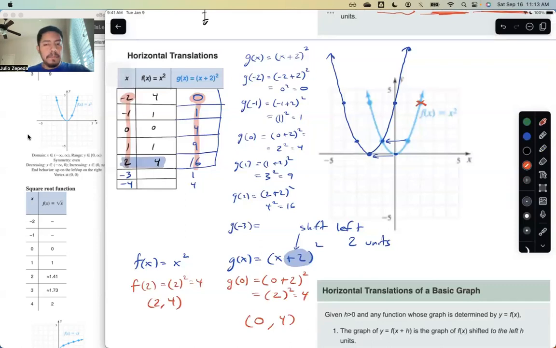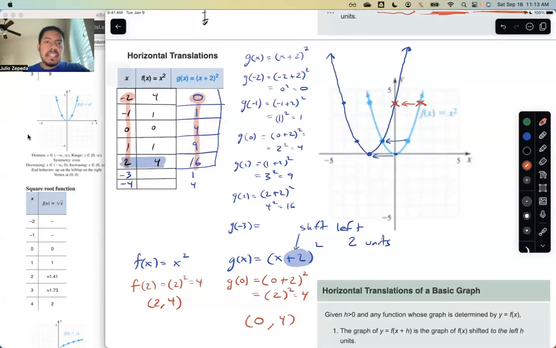So 0, 2 units earlier, I'm going to get a y value of 4. And you can see how that creates that horizontal shift to the left 2 units. So the +2 will increase my input value by 2, and therefore the same output values will occur 2 units earlier, or 2 units to the left.